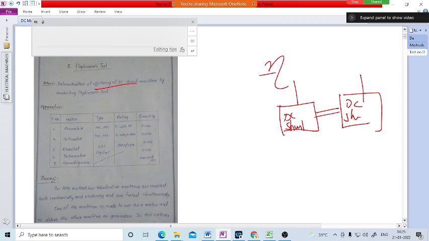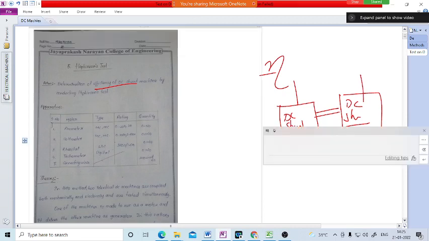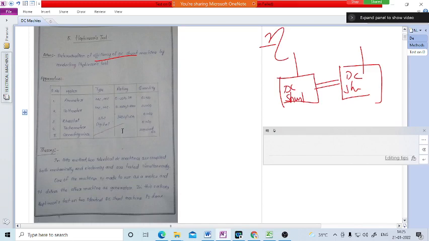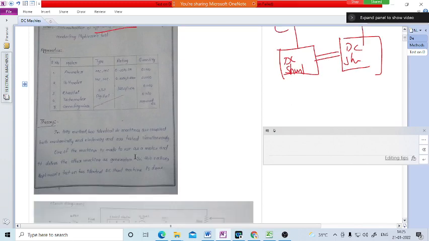In this method, two identical DC machines are coupled, both mechanically and electrically.